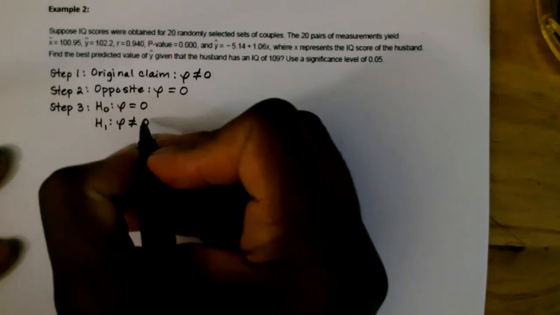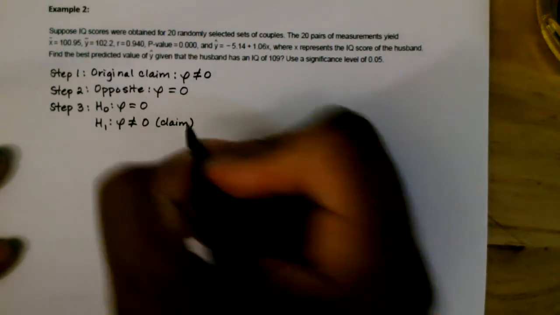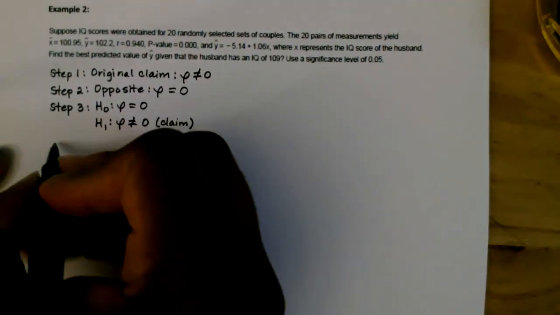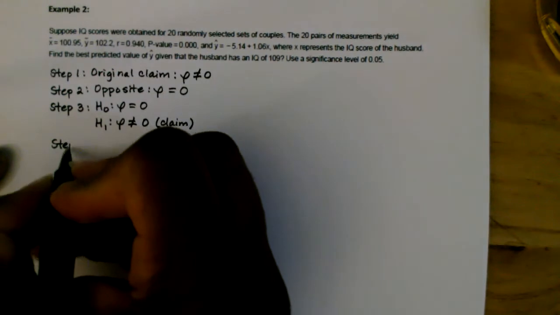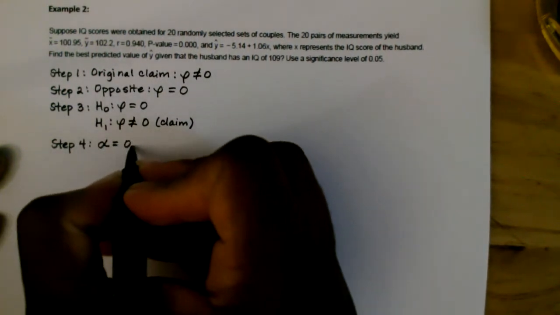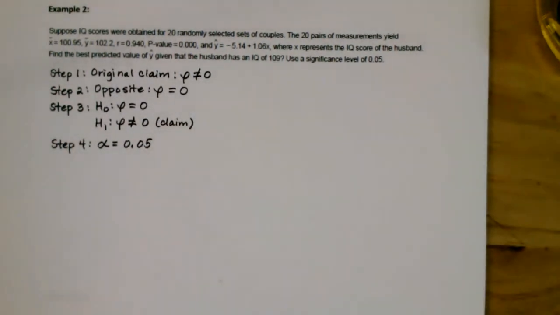So it'd be rho not equal to 0. And that is the claim, as well as the alternative hypothesis. Step number 4 is the level of significance. And that's given as 0.05. You're told to use a significance level of 0.05.